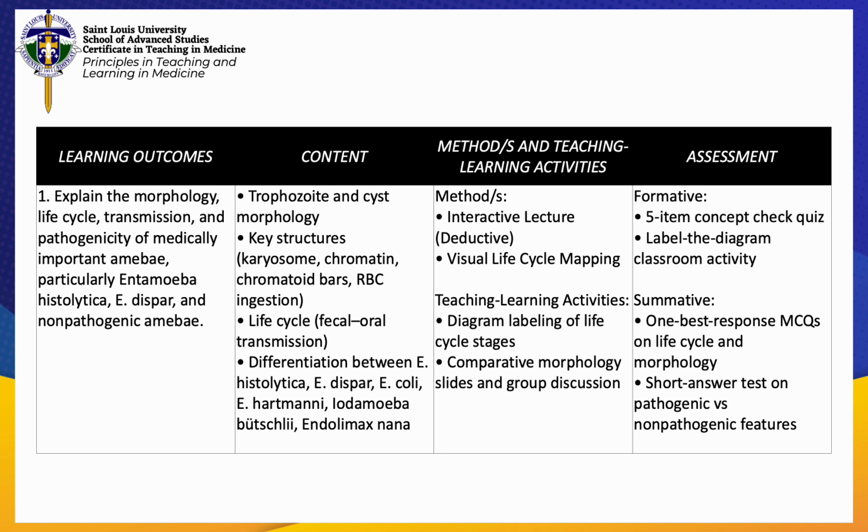For instance, I provide the class with a blank life cycle diagram of E. histolytica, and they label structures such as the cyst, trophozoite, and excystation stage. This activity helps validate whether they understand the progression from ingestion to tissue invasion.